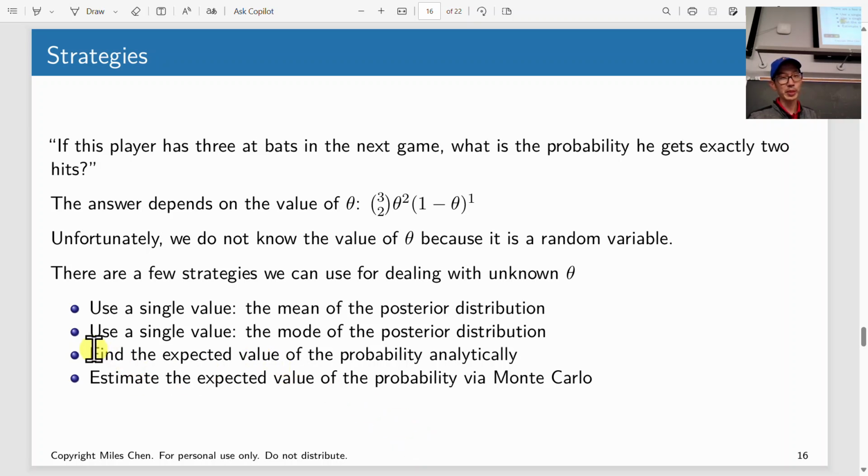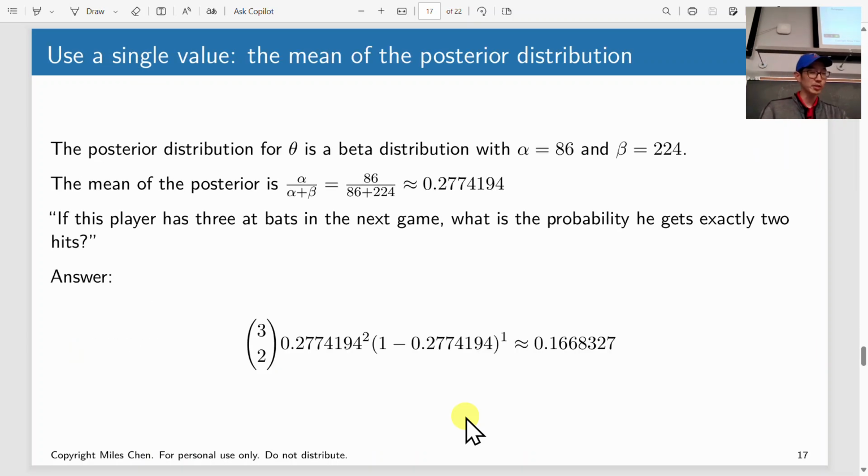This is probably the most accurate approach and will give you your expected value, but it can be tedious. The final approach, which will be the motivation for why we do Monte Carlo, is that we can estimate this expected value via Monte Carlo. All right, so let's take a look at each of these.